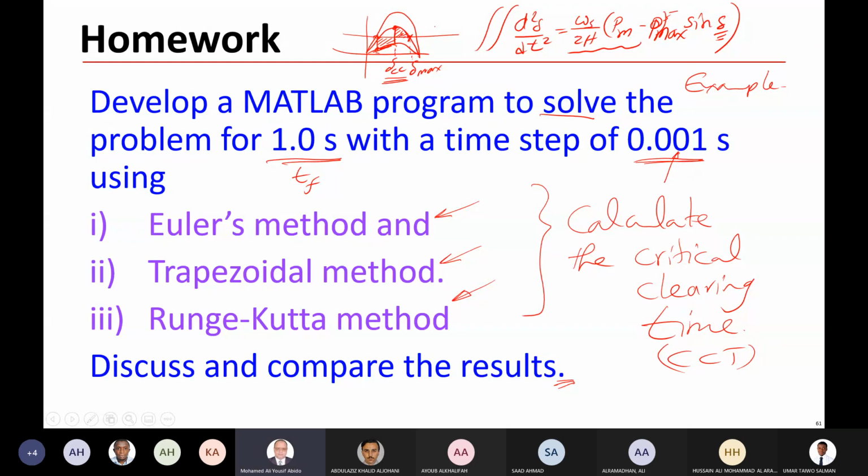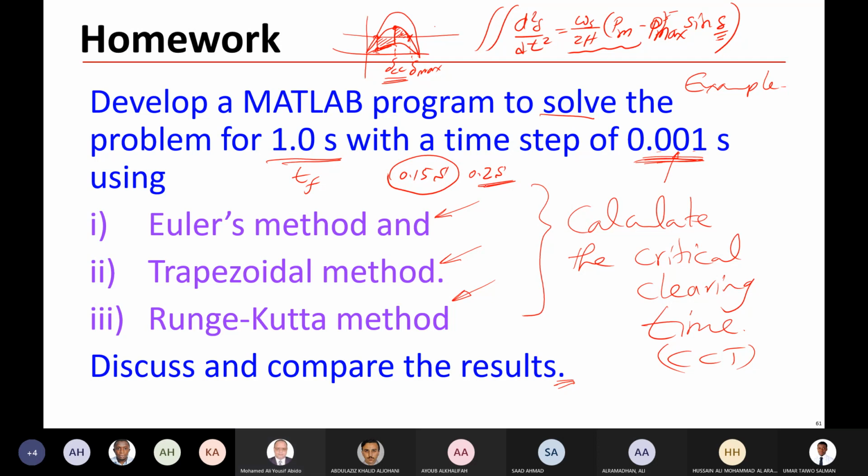What you can do is, the fault is cleared at 9 cycles or 0.15 seconds. So let me run one of these codes. Let me run for 0.2 seconds. The fault is cleared at 0.2 seconds. If the iteration step equals 0.001, which is very small, then 0.2 seconds means 200 iterations.